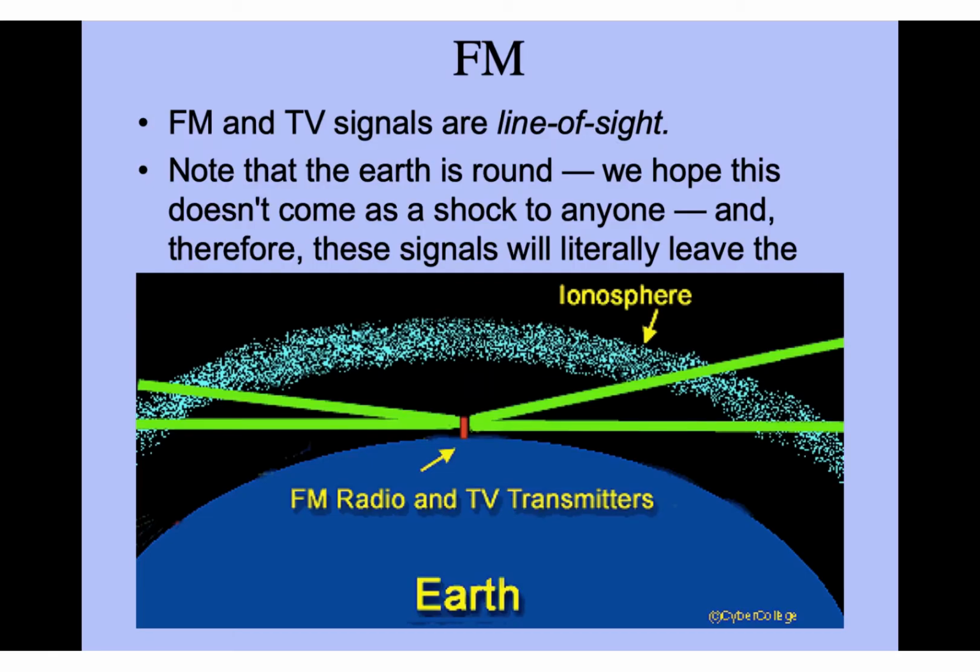And let's look at FM. FM signals are called line of sight. And if you haven't heard that word before, it's just like it sounds. It has to be in a straight line of the signals being shot. And since the earth is round, you cannot get those signals for very long because we go off that curve of the earth.